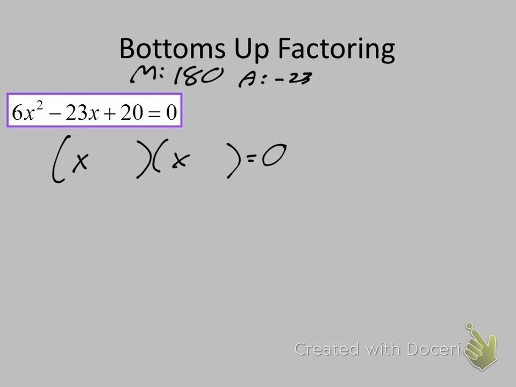I don't make you guys memorize the sign rules. I just say, play with the numbers, figure it out, right? For instance, if it's going to multiply to a positive and add to a negative, they're both going to be negative. So what two numbers multiply to 180 and add to negative 23, Mr. Taylor? Negative 8, negative 15.